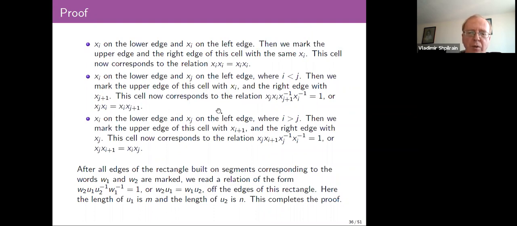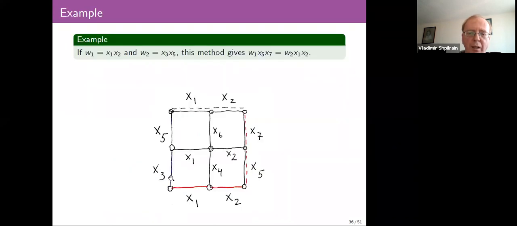So this cell corresponds to the relation X3. Sorry, we did not complete the cell. We also have to mark this right edge of this little square by X4, because this is the case where the left edge is marked by X3 and the upper edge is marked by X1.